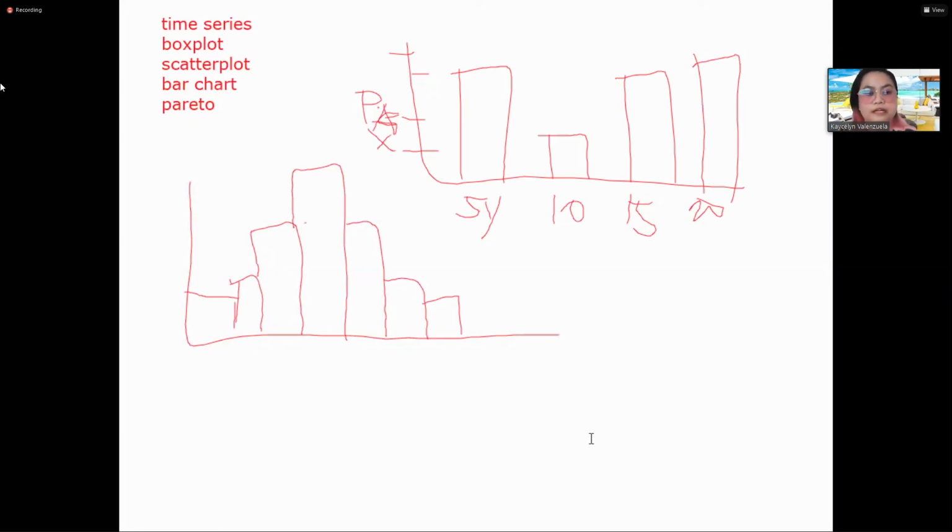Okay? In histogram, interval siya. So, ilan ang 0 to 5 years old? Ilan ang 6 to 7 years old? Ilan yung 10 to 12 years old?